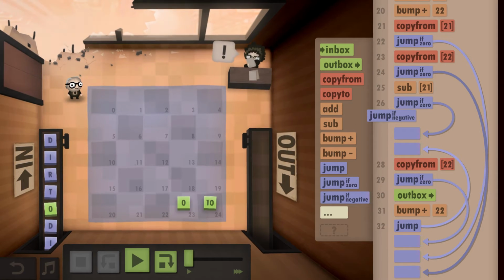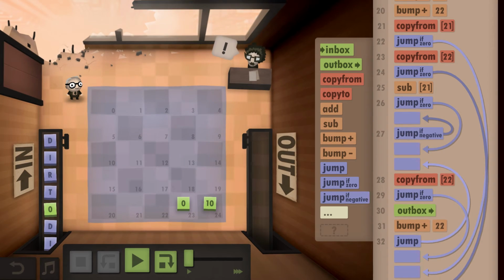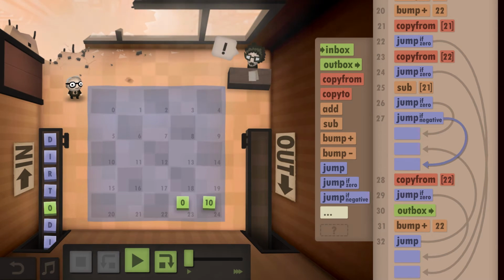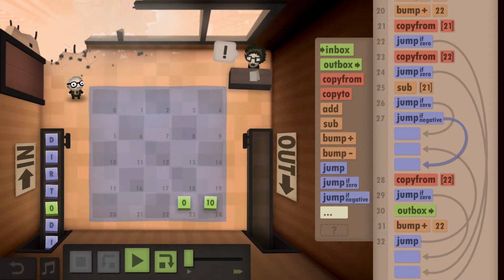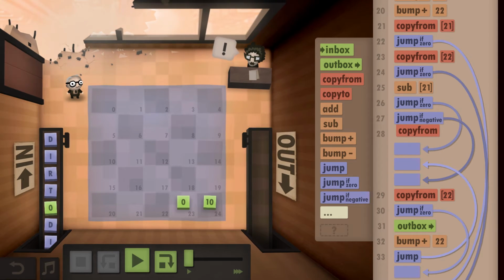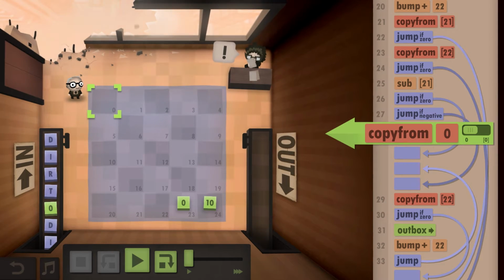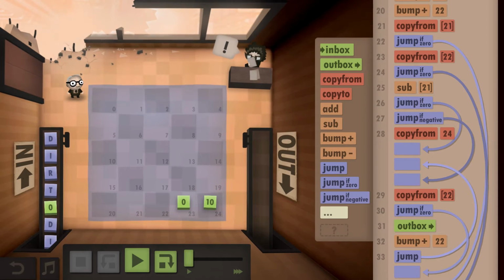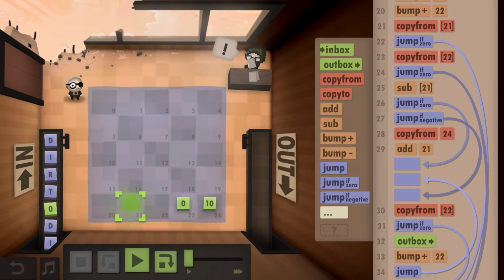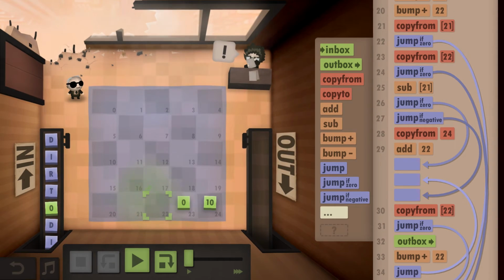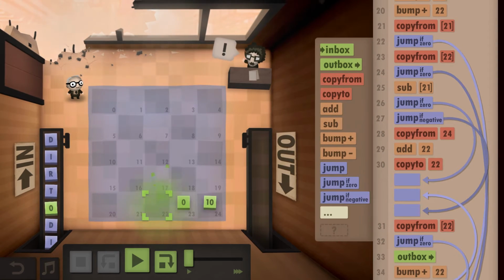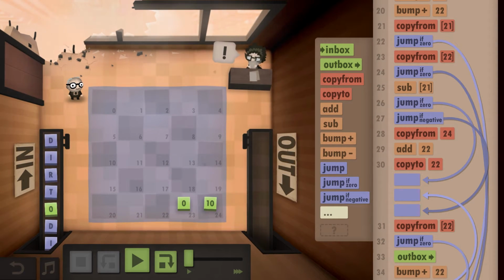We did the subtraction. Yeah, we're jumping if negative elsewhere, which is to that. Okay. And then we are copying from 24, and then add value here, not here, 22, and then copy to 22. There we go.